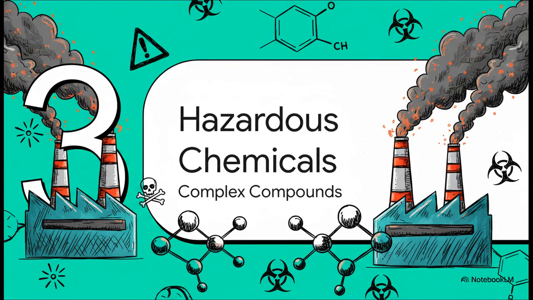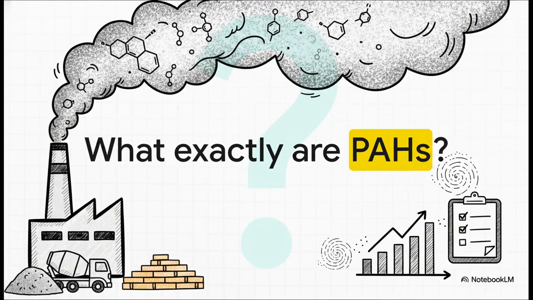Section 3, hazardous chemicals and organic compounds. This is where the manufacturing process gets incredibly complex. You might actually spot the acronym PAHs buried deep in a corporate sustainability report and think, okay, what exactly are we measuring here? Unlocking this jargon is super important if we want to really grasp industrial air quality.